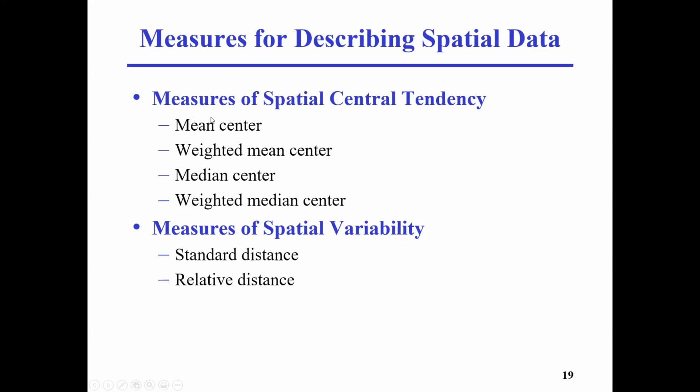Okay, so we're going to talk about mean center. When we're talking about center, it has the context of space. Geographic center. Weighted mean center, median center, weighted median center, and we're also going to introduce measures of spatial variability, standard distance and relative distance. Okay, so these are what we're going to talk about for the rest of the lecture.